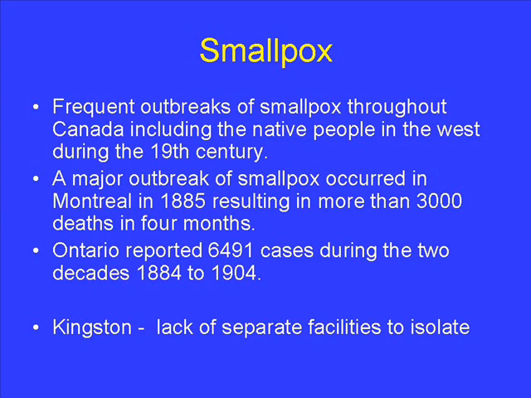And therefore there was a large naive population in Montreal, and when it arrived, it had a devastating effect upon the community. In Ontario, according to provincial statistics, in the period 1884 to 1904, there were 6,500 cases of smallpox in Ontario. So smallpox had not gone away by any manner of means.